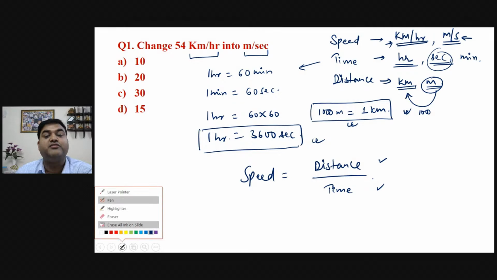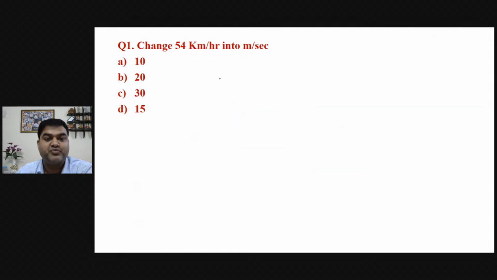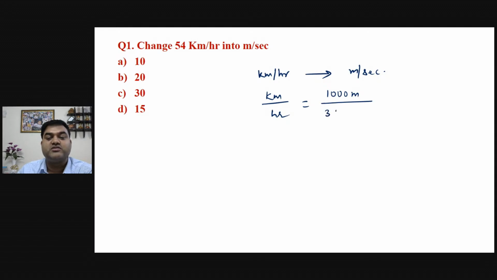Having understood all those, let's see how to convert kilometer per hour to meter per second without wasting much time. So one traditional method I'll tell you, when kilometer per hour has to be changed to meter per second, right? We know this is kilometer divided by hour. 1 kilometer is equal to 1,000 meter, and 1 hour is equal to 3600 second.